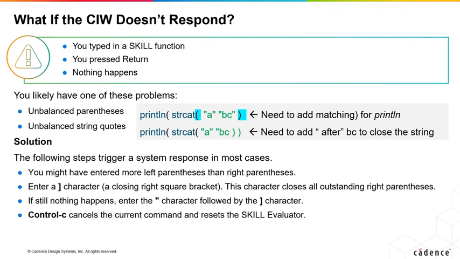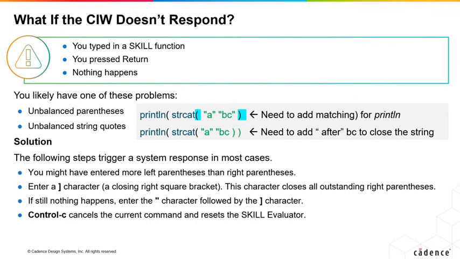In that case, you can enter a square bracket, which will close off all outstanding right parentheses. That should get it to execute. Whether all those right parentheses were supposed to be at the end of your command is another thing. If you forgot a closing parenthesis farther up in your code, it will now be closed off at the end. So even though it will execute, it doesn't necessarily mean it will execute exactly what you were intending.